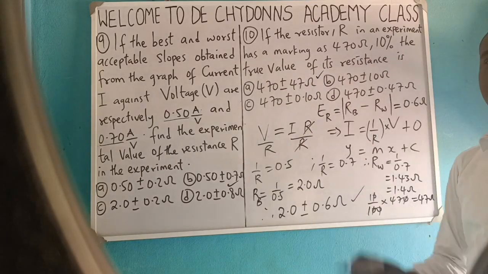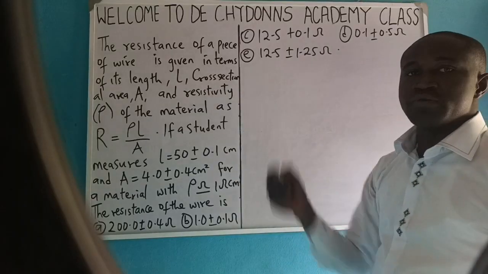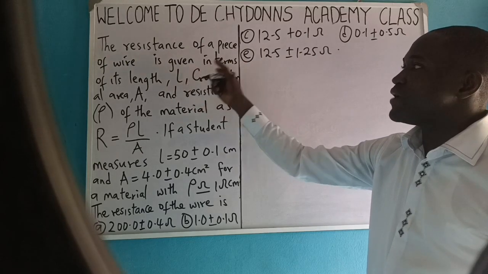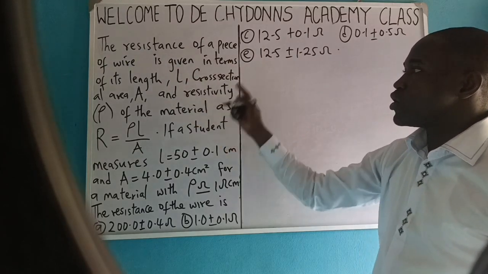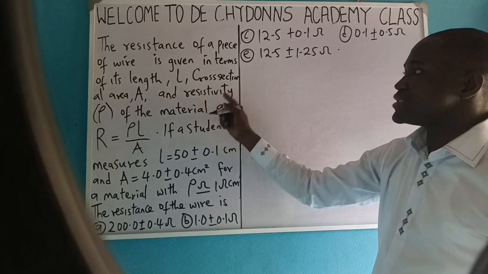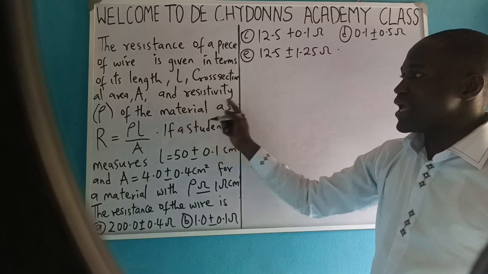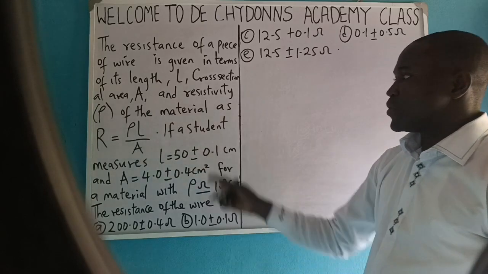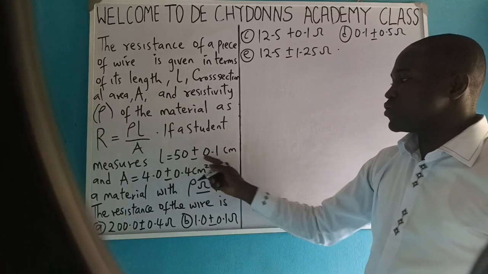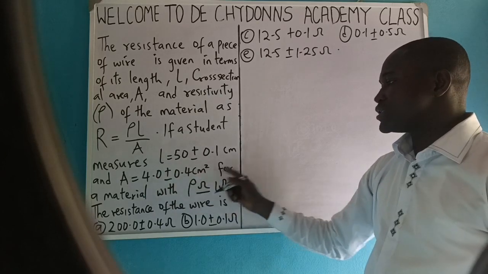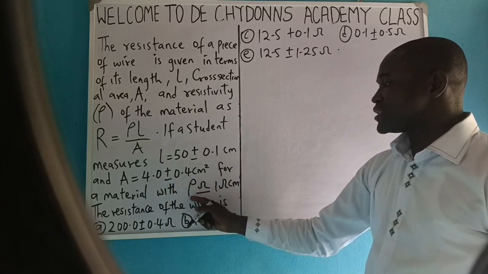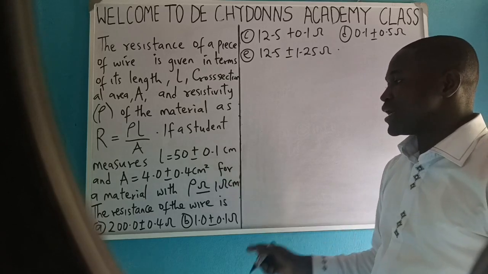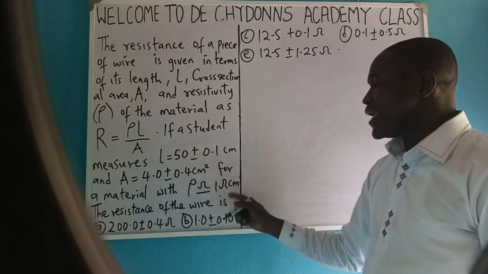We go to question number 11. Let's see how to solve this problem. The resistance of a piece of wire is given in terms of its length L, cross-sectional area A, and resistivity of the material as R equals resistivity times L all over A. If a student measures L equal to this and A equal to this, for a material with resistivity 1 ohm centimeter, the resistance of the wire is what?